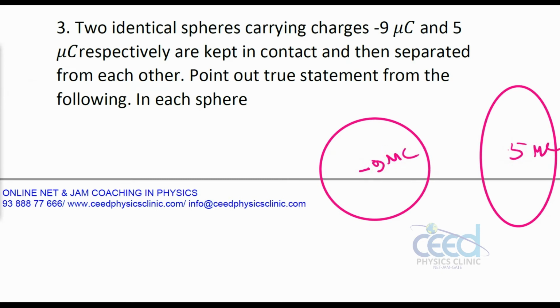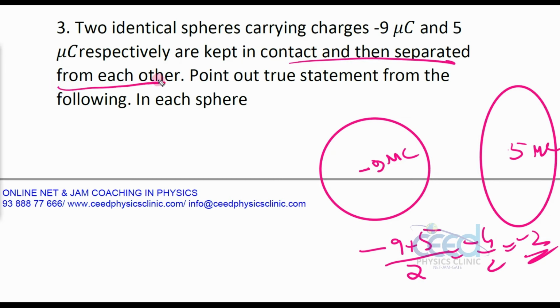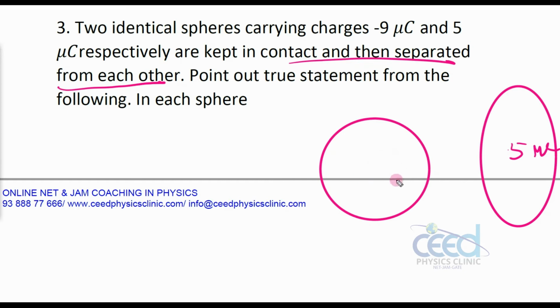Now if you keep this in contact, we already know the charges will flow from high potential to low potential and then they will acquire equal charges. So what is the final charge on each? That is minus 9 plus 5 divided by 2, that is minus 4 by 2, that is minus 2. So after you keep them in contact and then separate, each sphere will acquire equal charge, that is minus 2 microcoulomb.